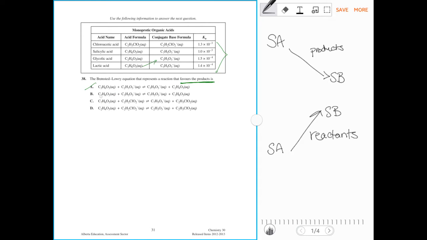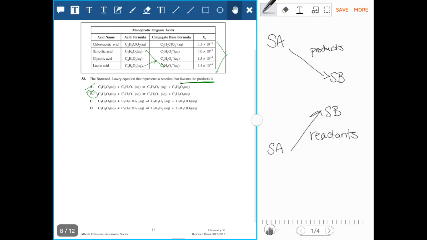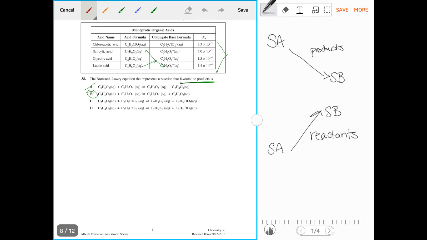So let's take a look at C7H6O3, which is this one here, salicylic acid, reacting with C3H5O3. Now this arrow is down and to the right, so this looks like it's most likely our best answer, but let's double check that the other answers don't give us a possible answer as well. We'll highlight that this is the one we've chosen so far.